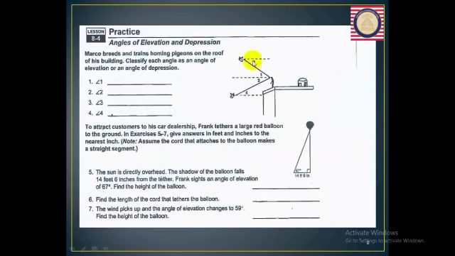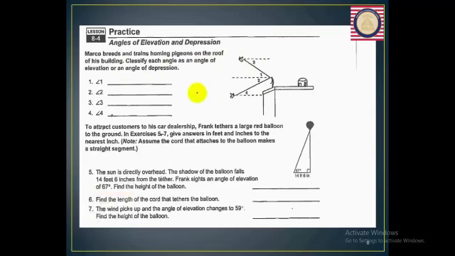Now you have this exercise in your practice book. Let's solve it together. Marco breeds and trains homing pigeons on the roof of his building. Classify each angle as an angle of elevation or an angle of depression. The bird is looking down, so angle 3 is depression.